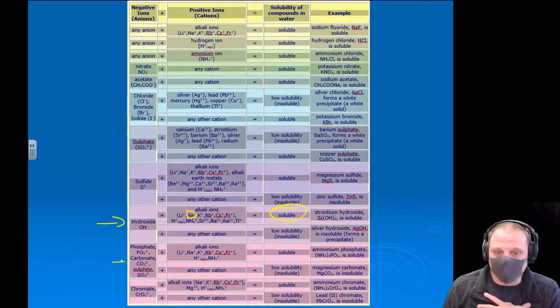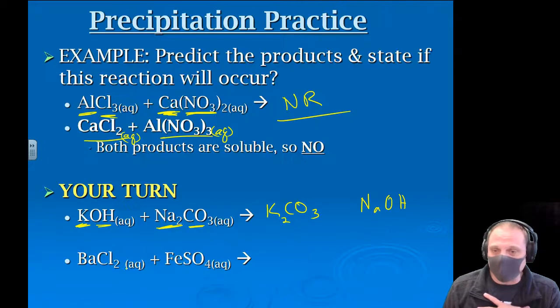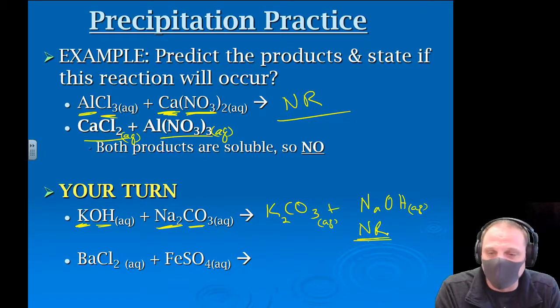So we went to our carbonate, which was there, and we were looking for potassium. Oh, there's potassium. Oh, look at that. It's soluble as well. All right, so for that one, you should have gotten that this reaction was an NR, right? Because they're both soluble, they both would have been aqueous. So we don't know for sure that a reaction takes place, so we're going to say NR.